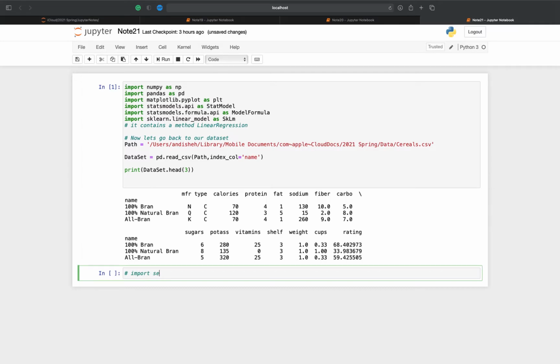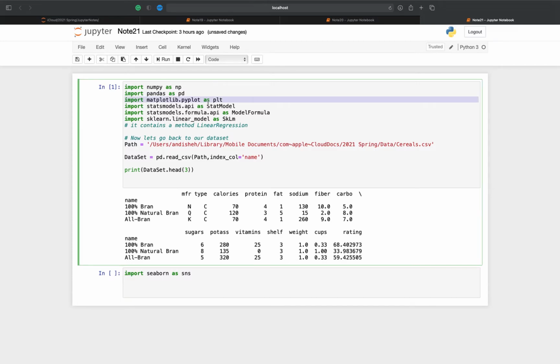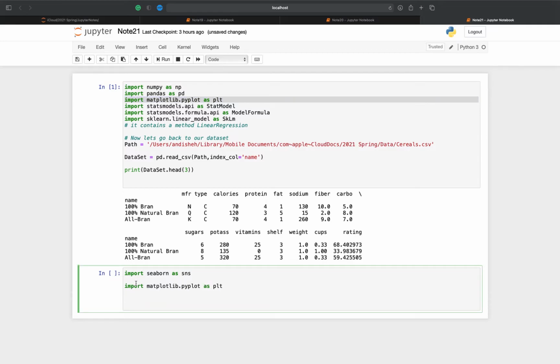Import Seaborn as SNS. I think we used this before. And then we already imported plot. Let's bring it here as well if I'm going to use that.